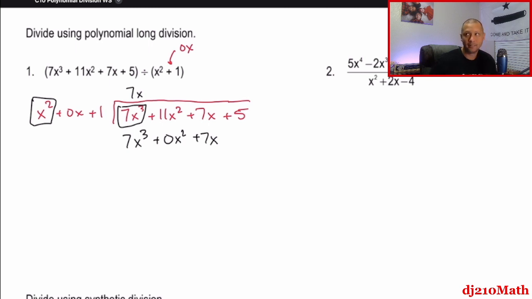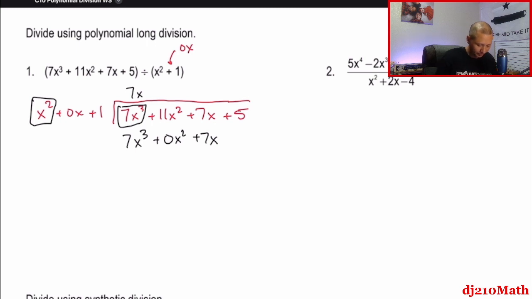Now, I guess granted, do you have to put the 0x squared? I would suggest it, right? That's just the way it's taught. I mean, there is a way to understand what's happening and not put the 0, but you run the risk of making a mistake.